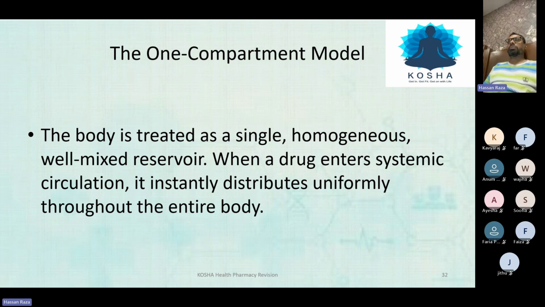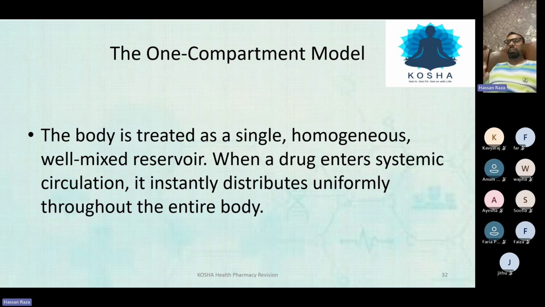Similarly, there are some drugs which are instantaneously or spontaneously distributed throughout the body. So they also follow the one compartment model. For these drugs, the whole body works as a single compartment, as a single glass, basically. So you have to memorize all the drugs which get bound to plasma protein.